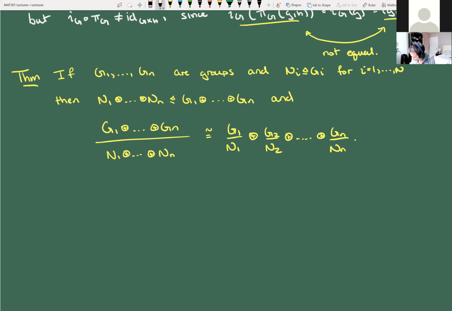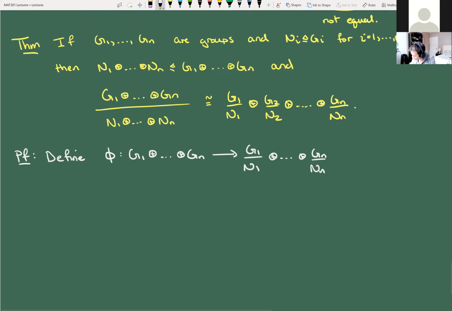So what we're going to do, we're really going to lean on our good friend, the first isomorphism theorem, right? So let's define a map phi, which maps from G1 plus ... plus Gn onto G1 mod N1 plus ... plus Gn mod Nn.